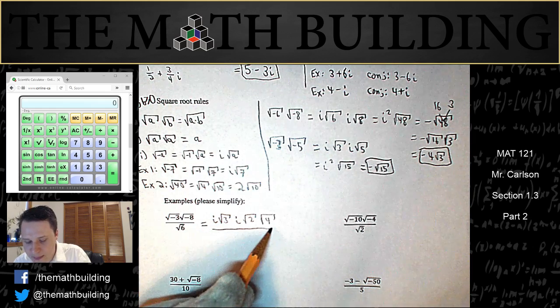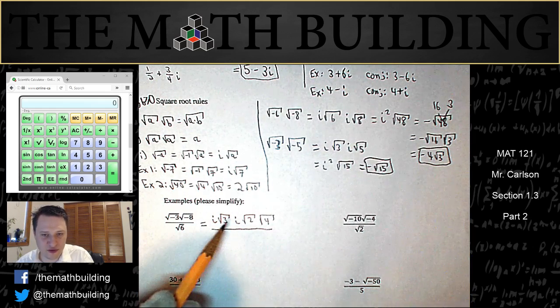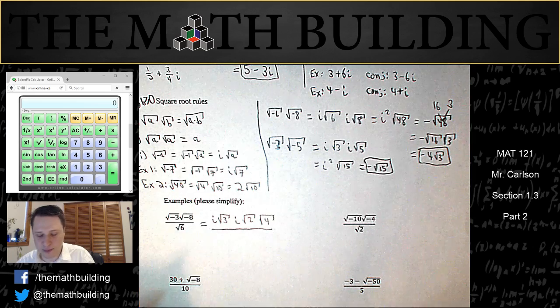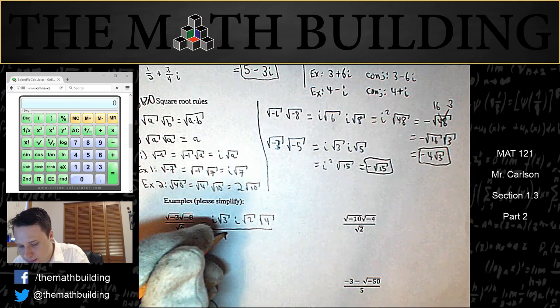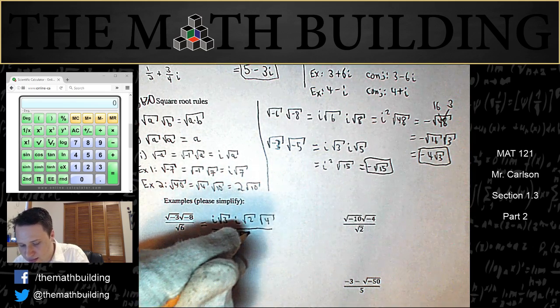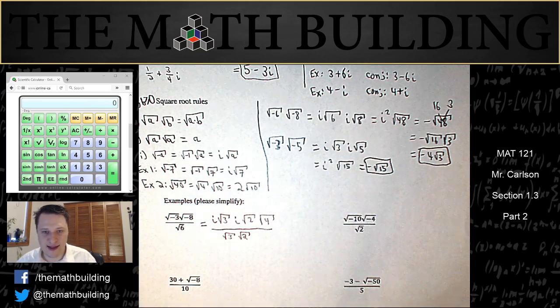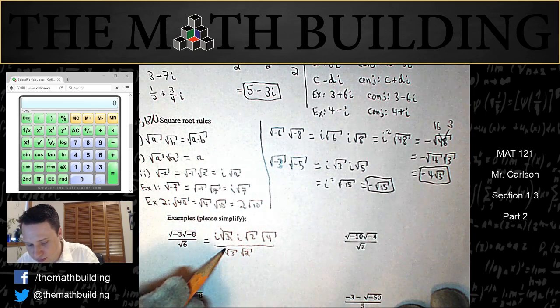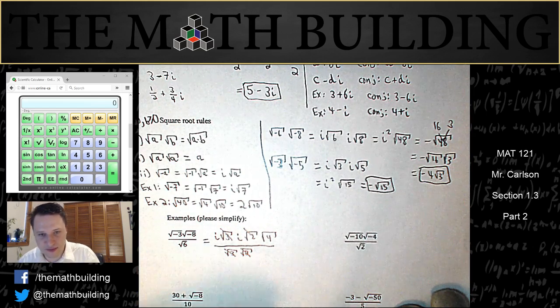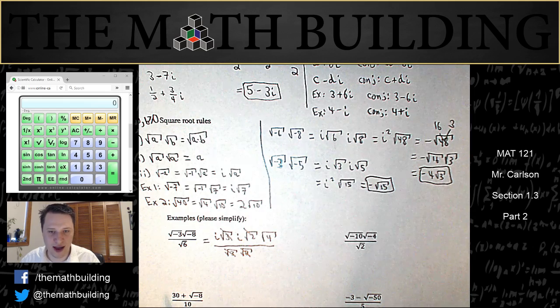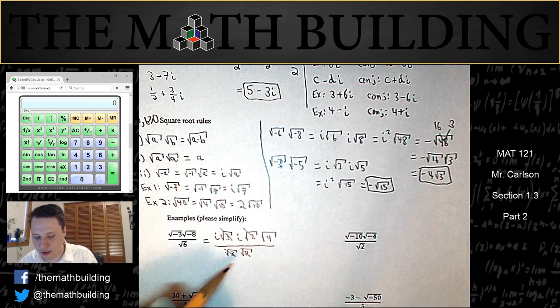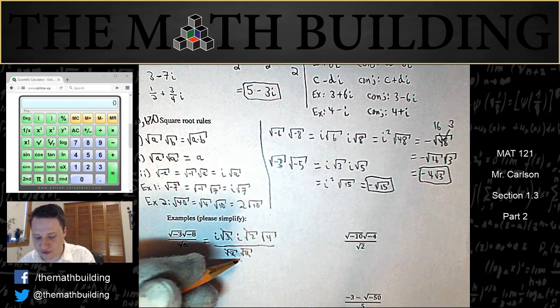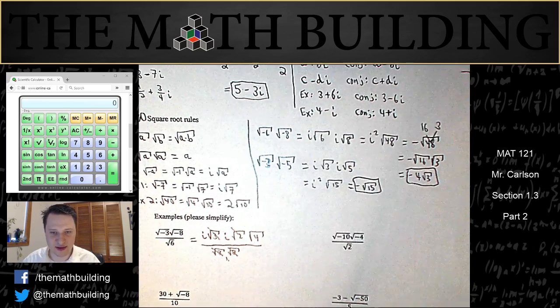Do you see on the top how I have all of these broken down pieces, 3, 2, and 4? Let's go ahead and break up the square root of 6 into the square root of 3 times the square root of 2. And now you can see why I did that. Anything that's on the top and the bottom will cancel. So the square root of 3 cancels, the square root of 2 cancels, and so I have just i times the square root of 4. Everything on the bottom just becomes a 1, so we can ignore that.